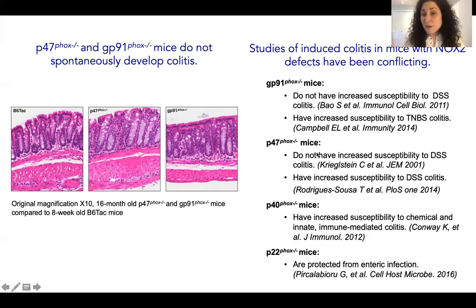Similarly, in P47 knockout mice, one study showed that there is not increased susceptibility to DSS colitis, while another one showed that there is increased susceptibility to DSS colitis. A nice study in P47 knockout mice showed that these mice truly do have increased susceptibility to chemical, innate, and immune-mediated colitis, while P47 knockout mice seem to be protected from enteric infections.